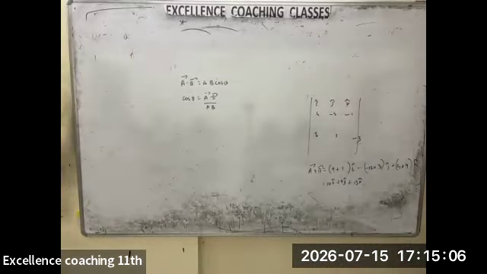What is A dot B? You are getting 6. A dot B is 6. All are getting 6. What is the magnitude of A? Root of 26. Magnitude of B? Root of 26.